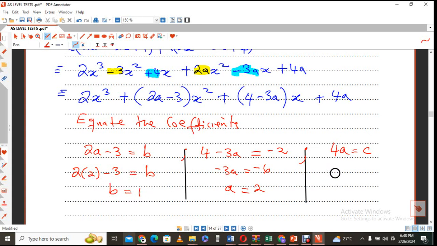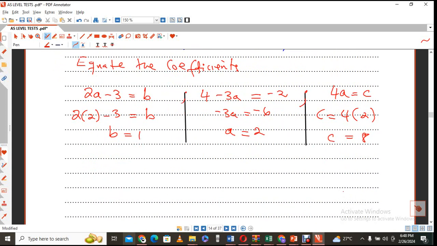We know that a equals 2, so c is 4 times 2, so c is equal to 8. So my solutions, therefore: a equals 2, b equals 1, and c equals 8. And these are my solutions.